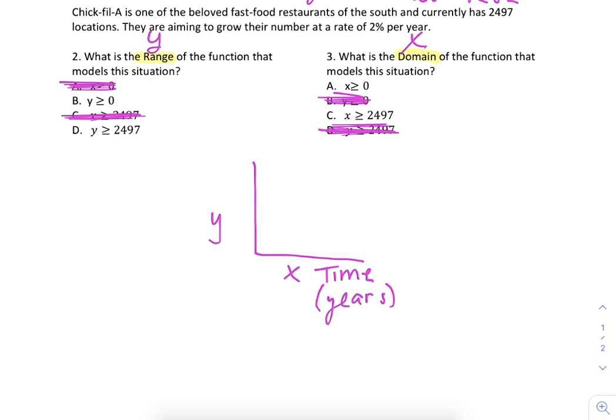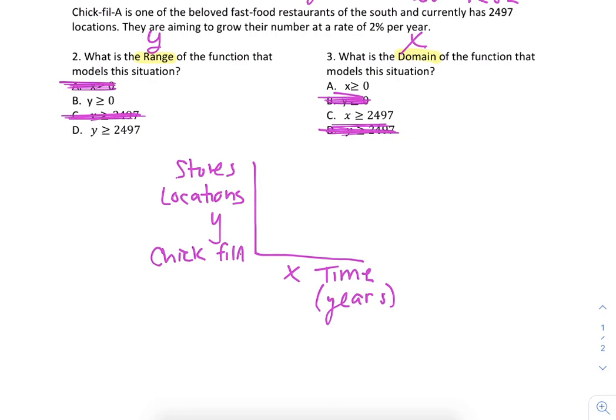Okay. Well, if I'm growing over time, my y is whatever's growing. What am I trying to grow? You could say I'm growing my stores. I could say I'm growing my number of locations. You could say I'm growing my Chick-fil-A's, like how many I have. Okay, so your y is whatever is growing.